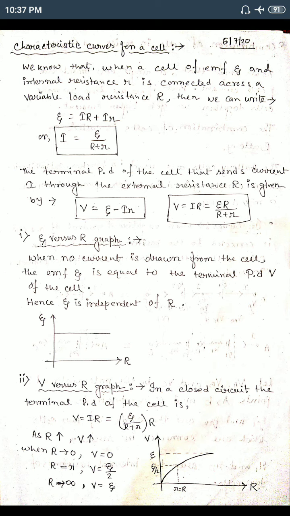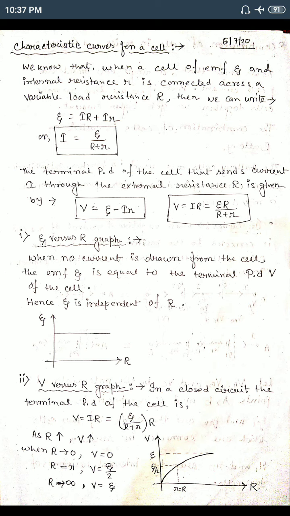When R tends to 0, resistance is almost 0, though in reality it is not possible except in a superconductor, since almost every conductor we use has a small resistance. That's why we say resistance tends to 0, and if we put R tends to 0, we get V equals 0.